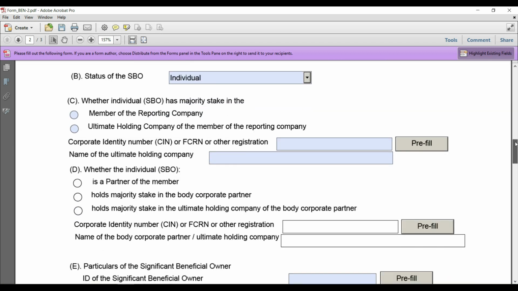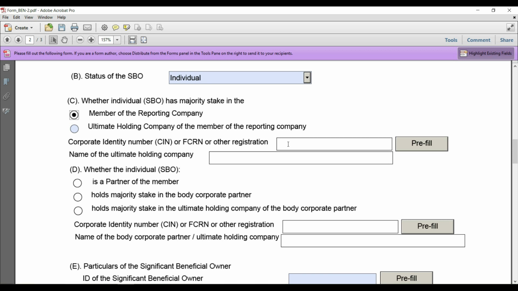Then whether the SBO has a majority stake in the company. Okay, there are two options. We have to select either members of the reporting company or ultimate holding companies of the member company, whichever option the significant beneficial owner chose in the BEN-1 form, we have to fill according to the same.